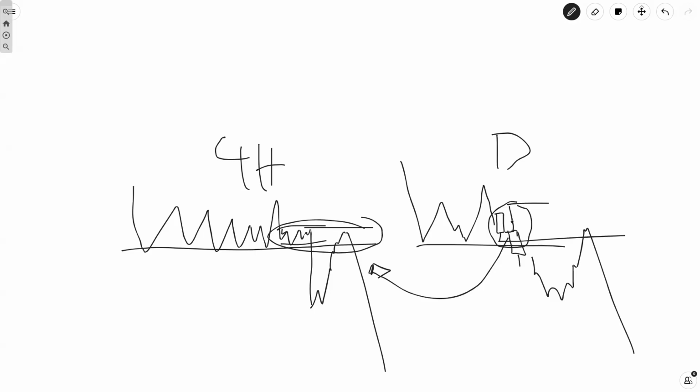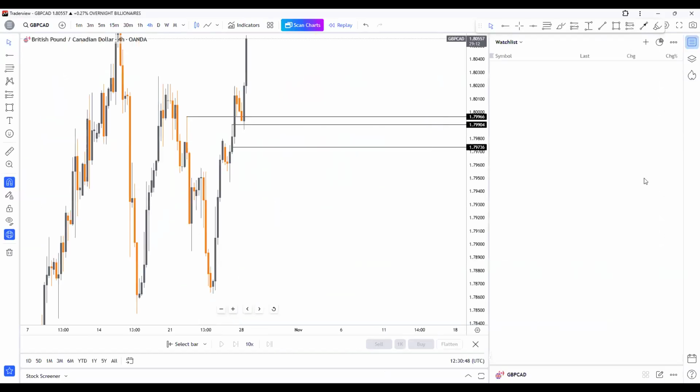If you find this kind of pattern in 4 hour, then you switch to 1 hour for you to be checking this kind of setup. If it's valid, then you will be taking that trade in your next direction. So without wasting time, let us clearly see some examples from the chart.